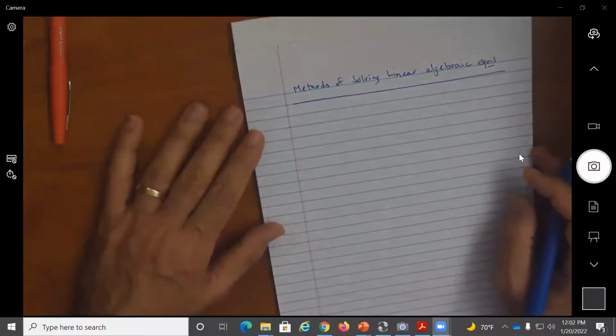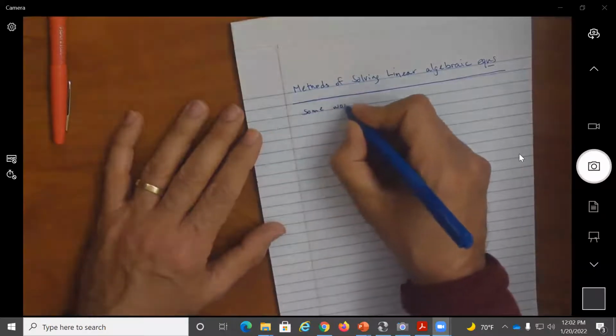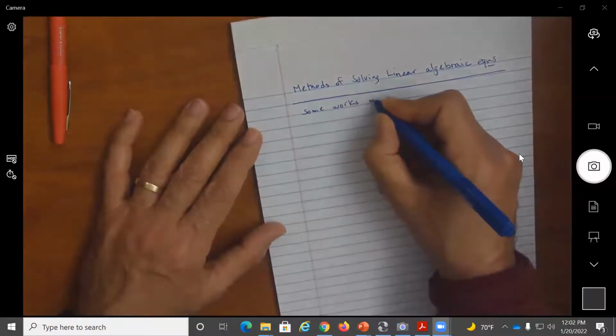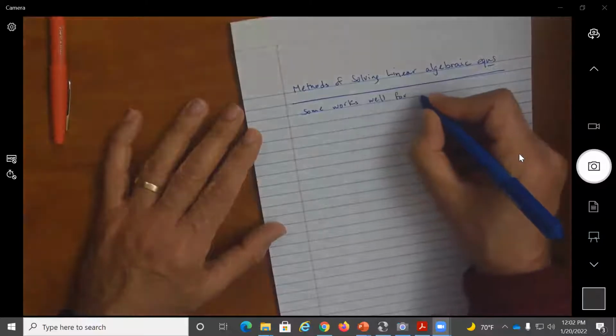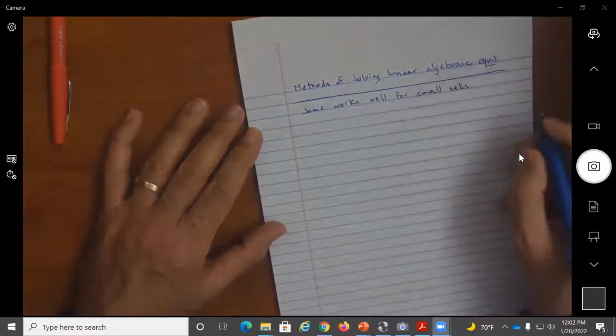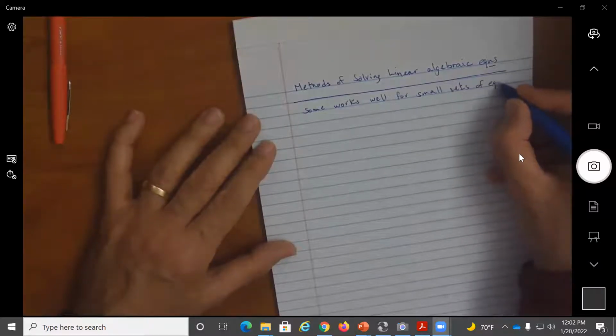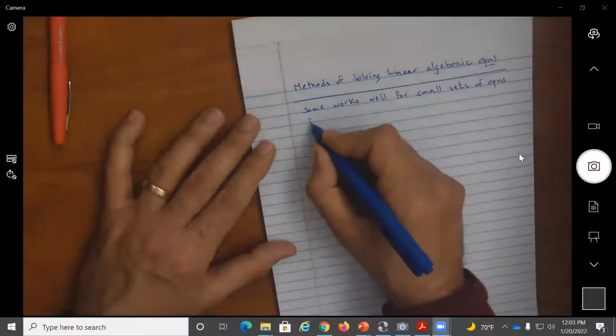Obviously, there are several methods to solve algebraic simultaneous equations, but some of these methods work well for small sets of equations, like the ones we're going to be doing by hand, solved longhand.